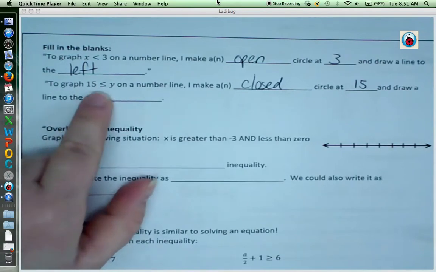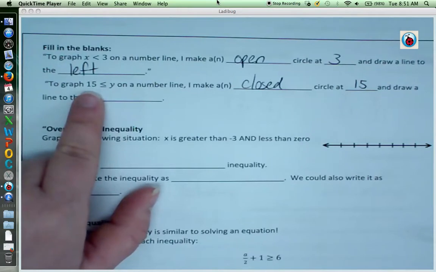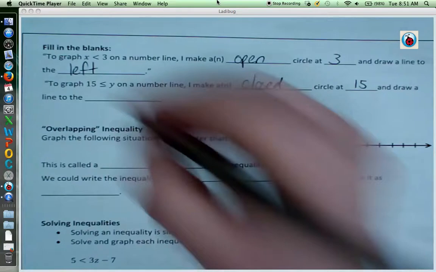Well, 15 is less than or equal to what numbers? I know 15 is less than 16, it's less than 17, it's less than 20, it's less than 30. So all the numbers that I'm naming would be to the right of 15 on the number line. So the numbers that I would want to shade are to the right.